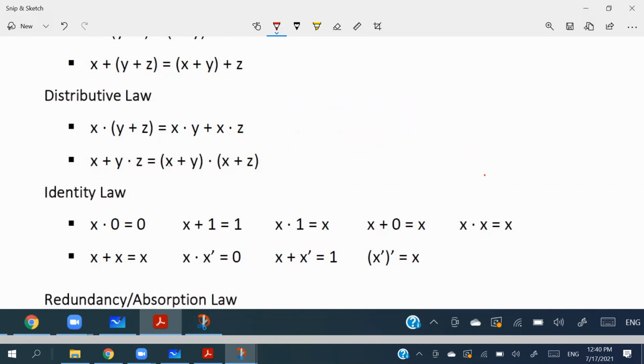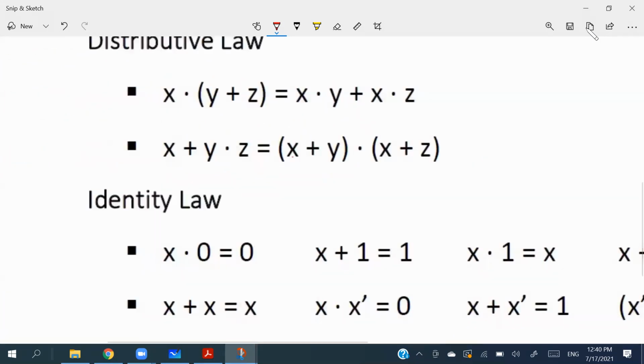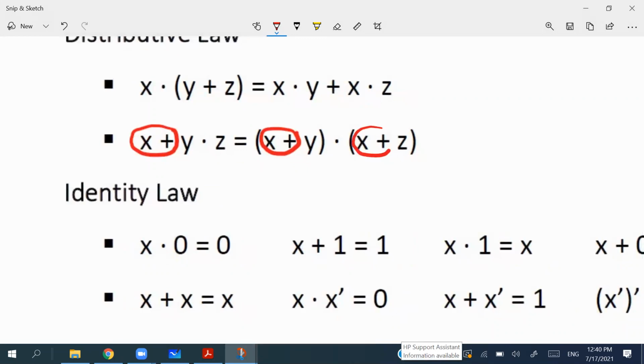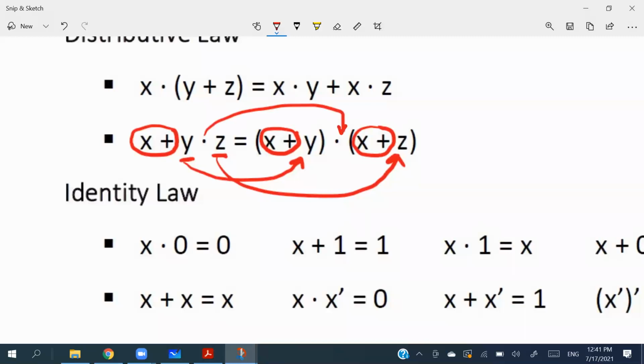Right? Now, look closely. I'm rounding some area. I'm taking this x plus alone. So you can see x plus over here as well as x plus over here. Then this y is staying here, this z is staying here. Right? So this dot comes over here.